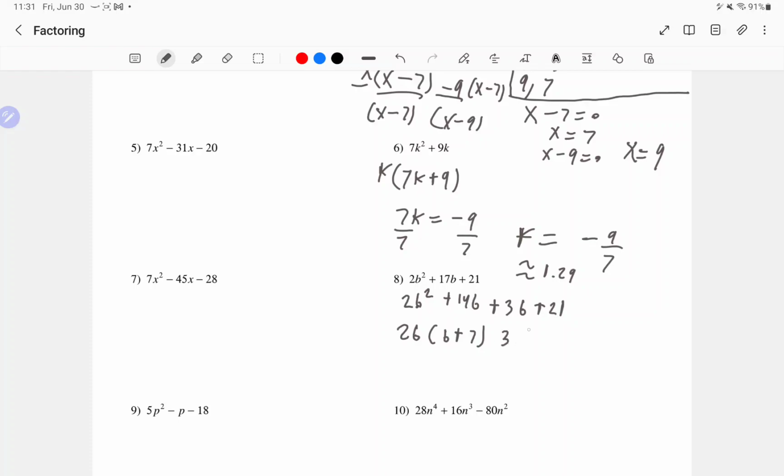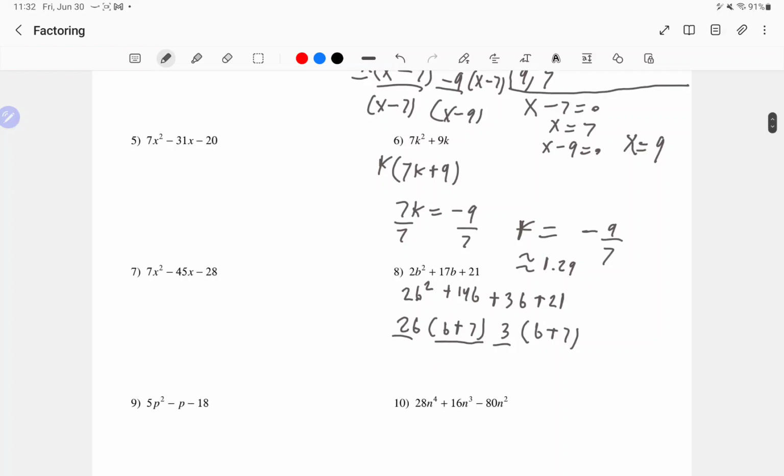So 3, and then we got b, and then we got plus 7. So we have two b plus 7s, but these are the answers, right? Always. So we got 2b plus 3, and then we got b plus 7. There we go.